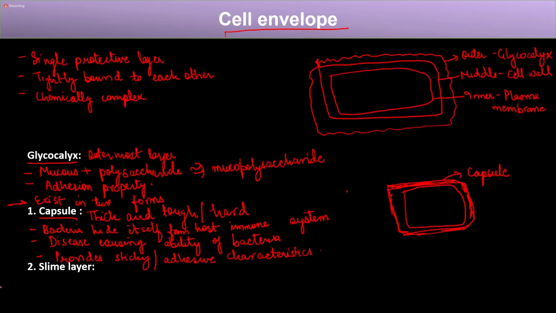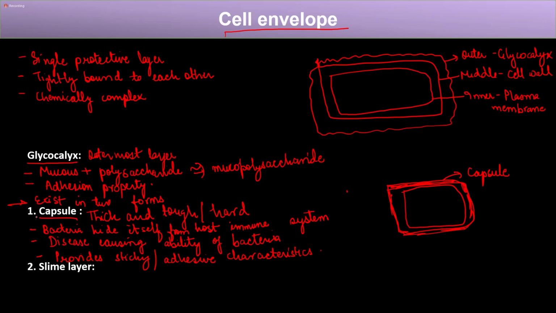Okay, so this is about the capsule. It looks thick and hard, because of which the bacteria can hide inside the capsule from the host immune system, which in turn increases the disease causing ability of a bacteria. Moreover, it also provides a sticky or adhesive characteristic to the bacteria.